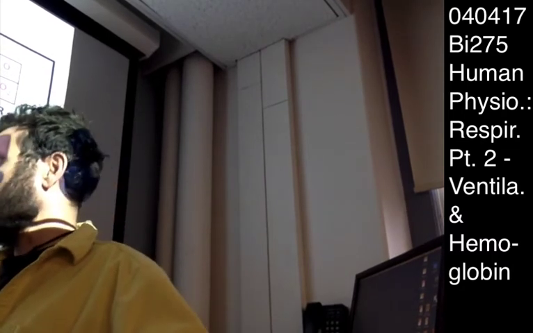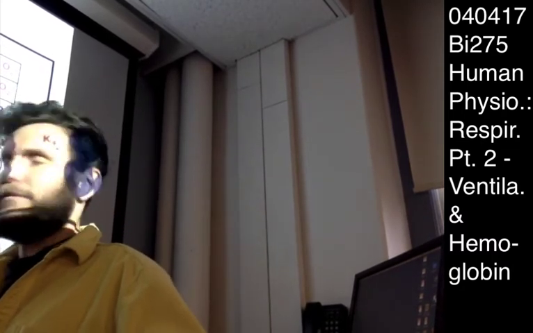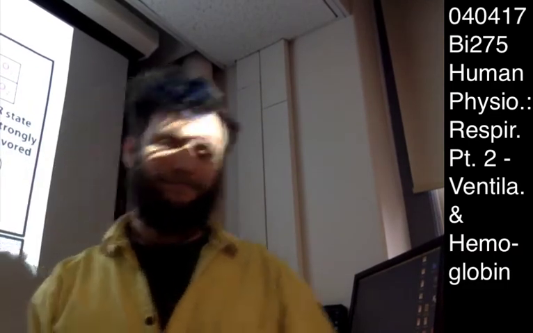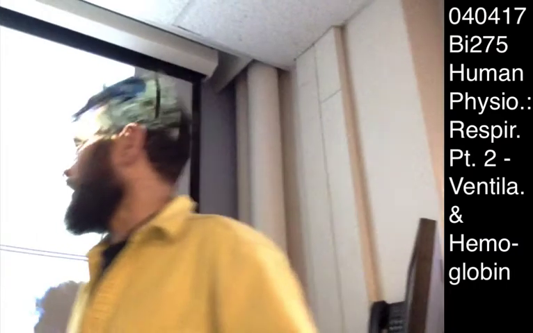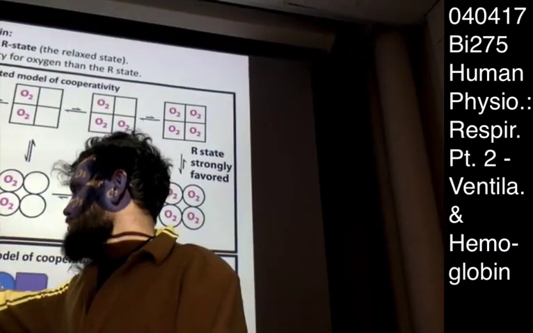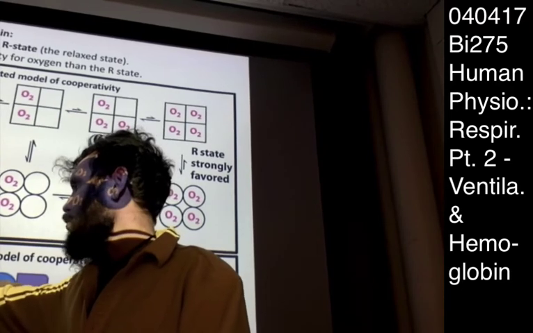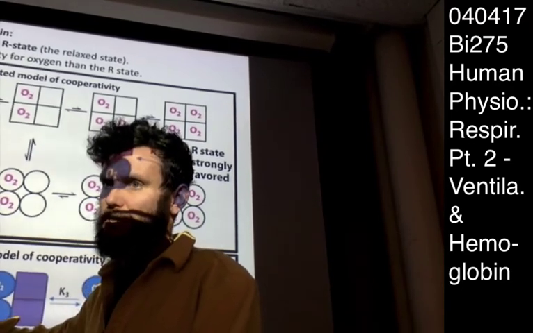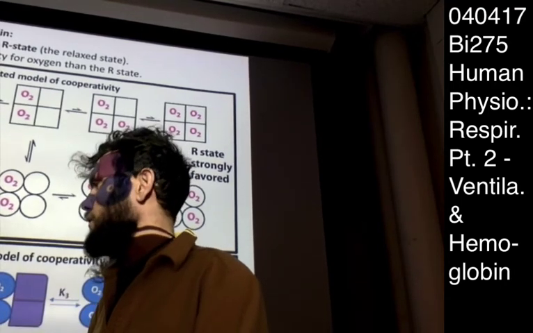And then if you increase the CO2 level or the oxygen level, we have this sort of gradual change, this sequential model of cooperativity. So in this model, you have several different states. You have both R and T state and some kind of transitional state, all in the same molecule.